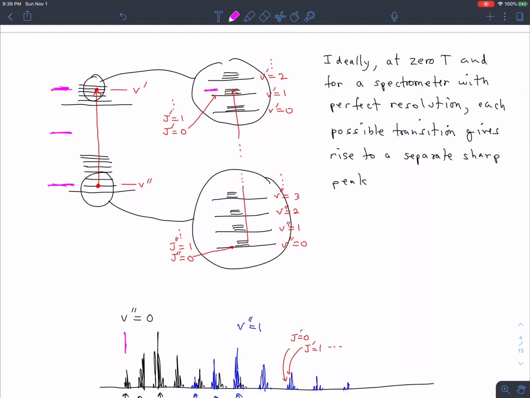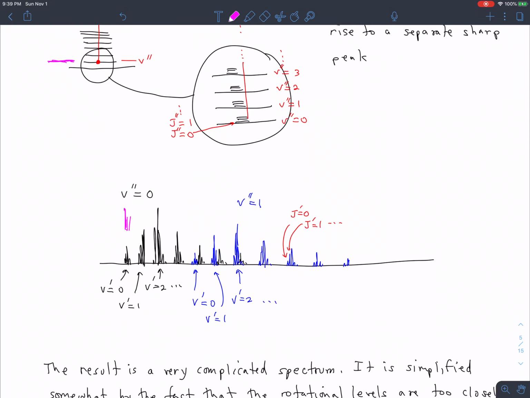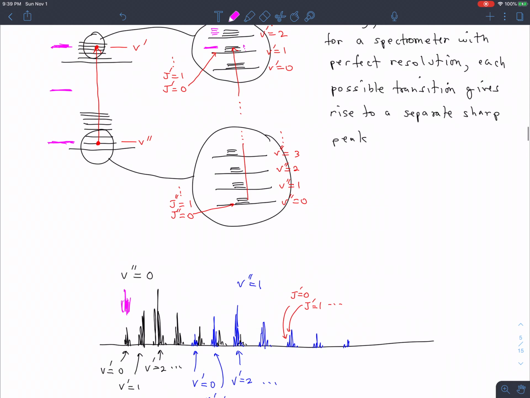If you've got a lot of little fine structure like this on top of it, then you can get transitions within any one of these little tiny closely spaced levels, and that means you'll get a whole cluster of peaks, all closely spaced, all at very nearly the same wavelength.